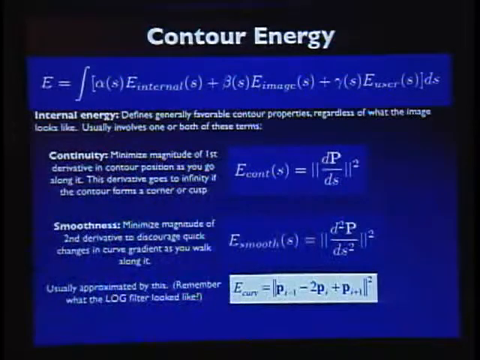So you're really taking the second derivative of the contour, at least a discrete approximation of it. This should be kind of generic. It's just saying that I want well-defined curves that do not fluctuate too quickly.